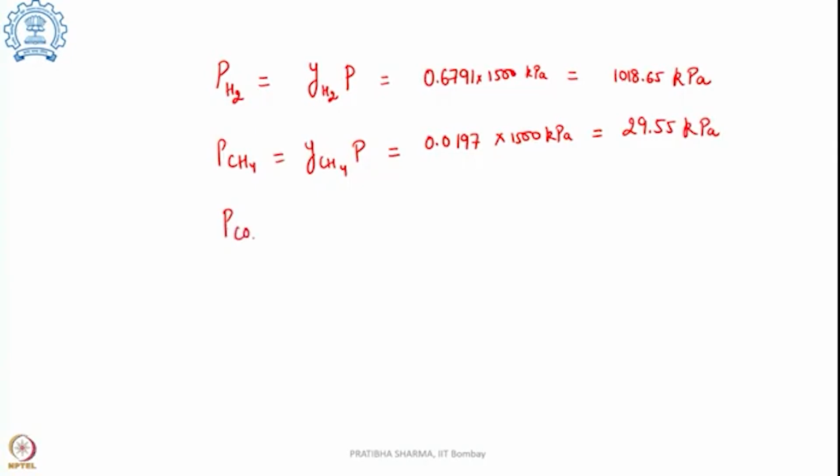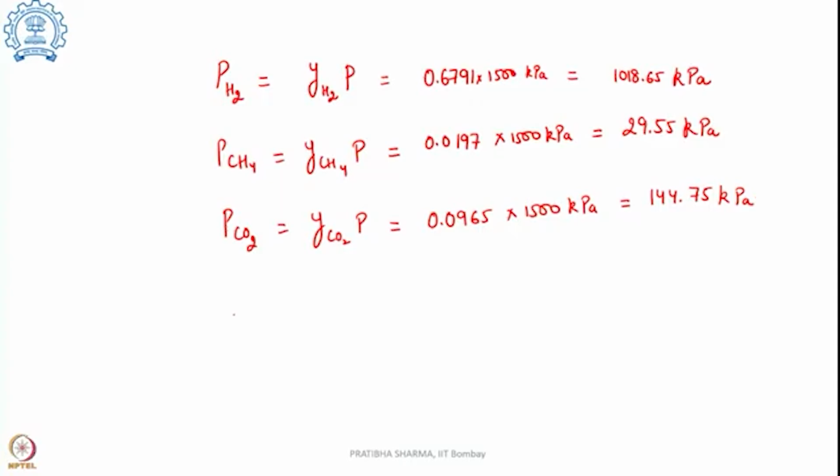The partial pressure of carbon dioxide we can also get in a similar manner, its mole fraction times the total pressure. Given that the mole fraction is 0.0965 times 1500 kilopascal, this gives a value of 144.75 kilopascal.